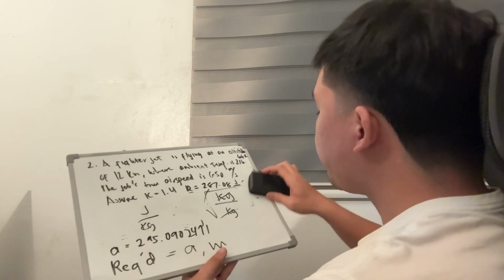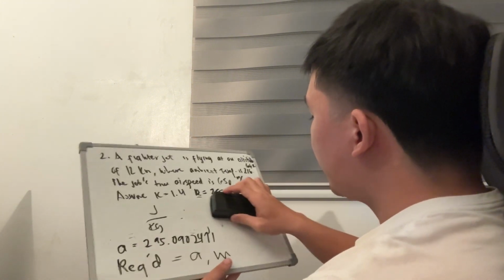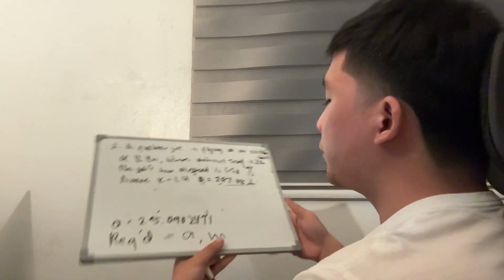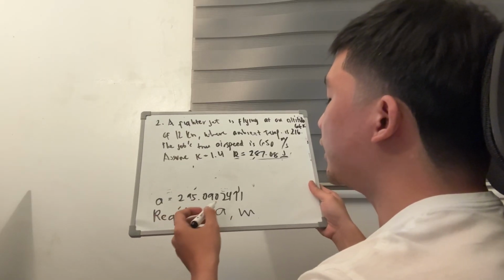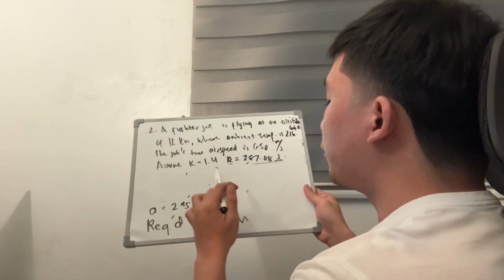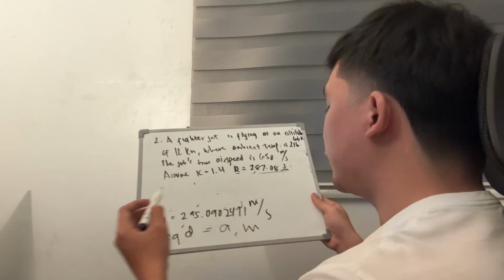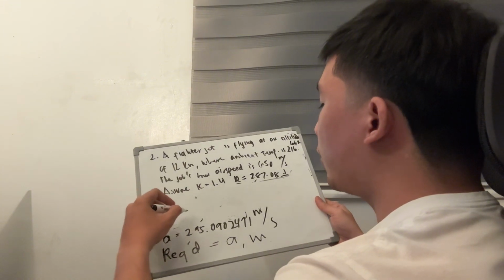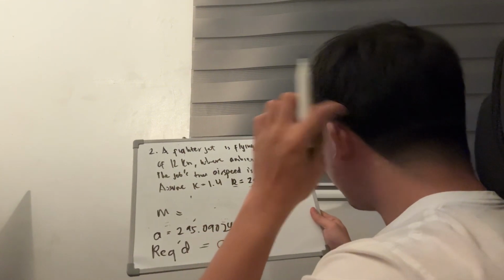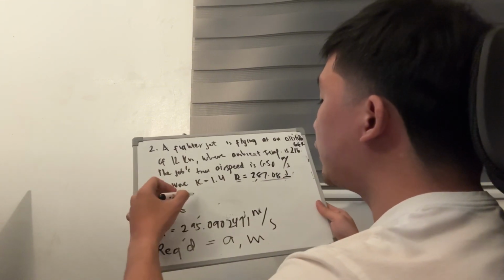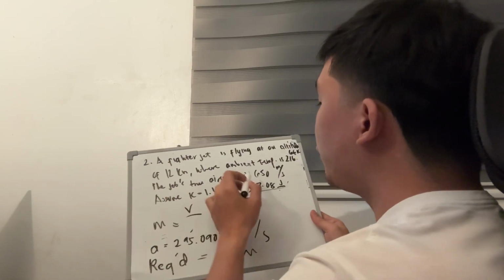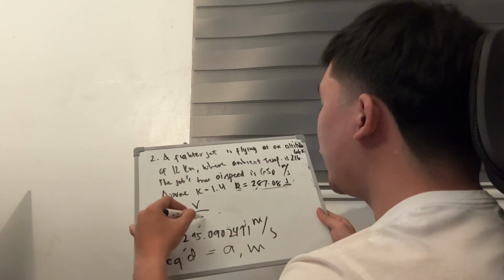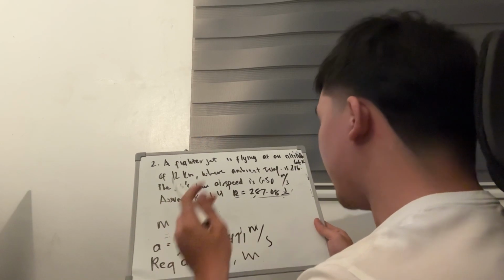So here, for our speed of sound, we have 295.0902471 meters per second. Lastly, for our Mach number, our formula is V, or true airspeed, over A, which is speed of sound.